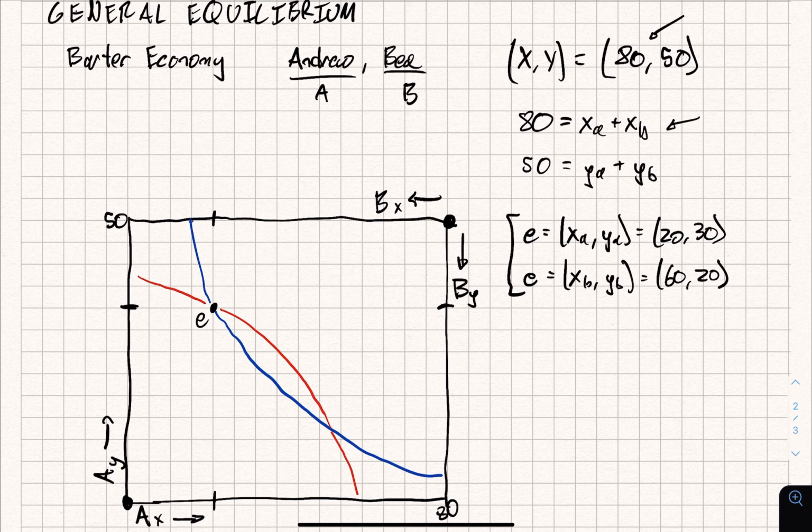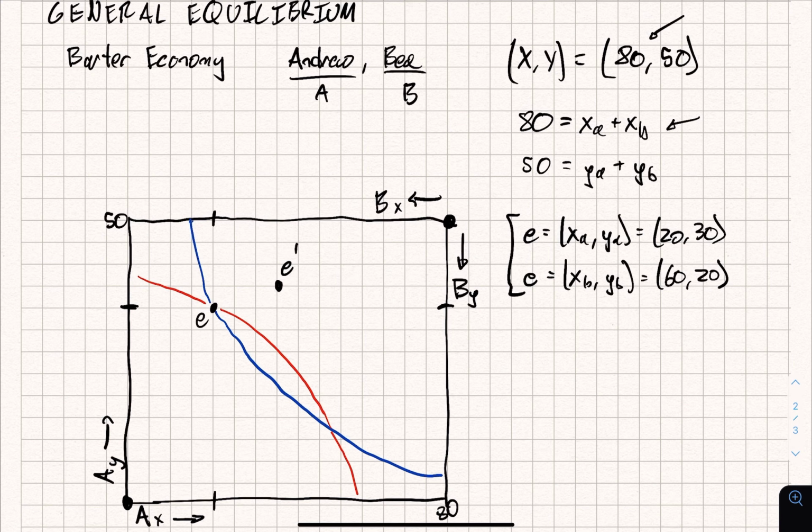Is there a way to improve both Andrew and Bea simultaneously? And this is the question of general equilibrium. So let's pick a point here. Let's call this maybe E prime. Is this going to improve both Bea and Andrew simultaneously?